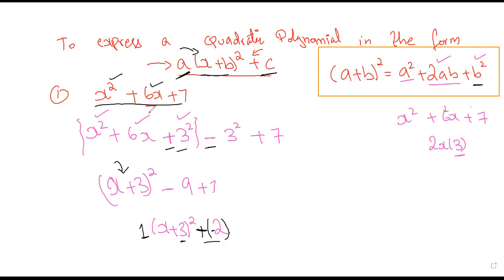Since we had 6x, I got 3 because I have to halve 6 and square it. Why? Because I have 2ab here. If I have 6x, this means that 2x into 3 would give me 6x. So this would be my b and this is my a, right? So finally I have this form, a into x plus b whole square plus c. So is this clear?